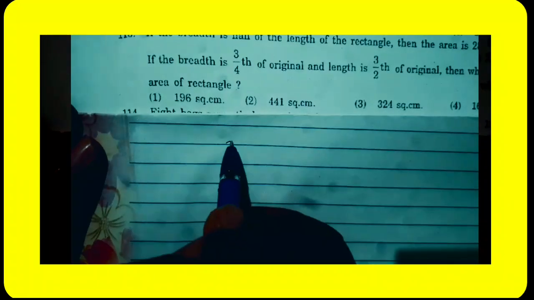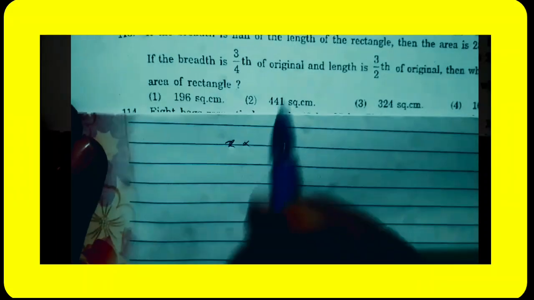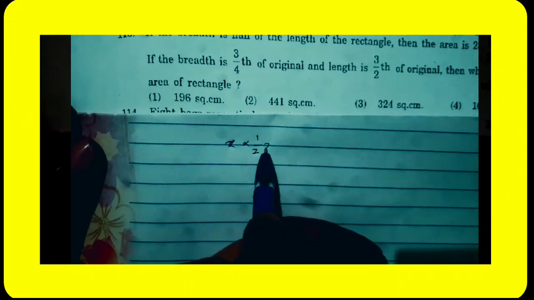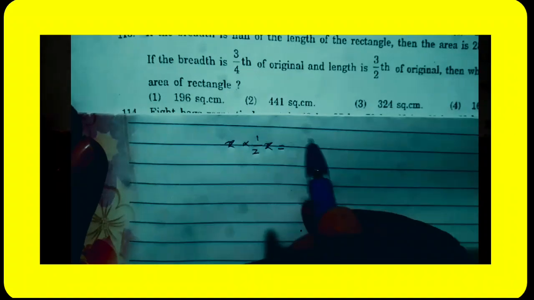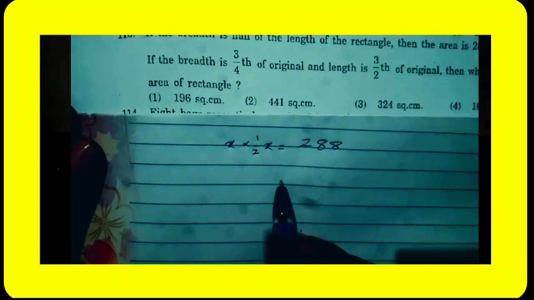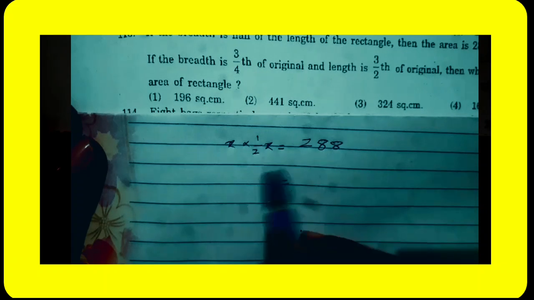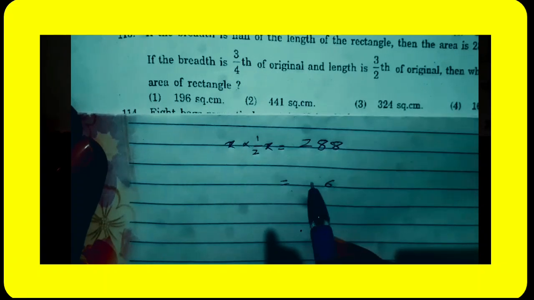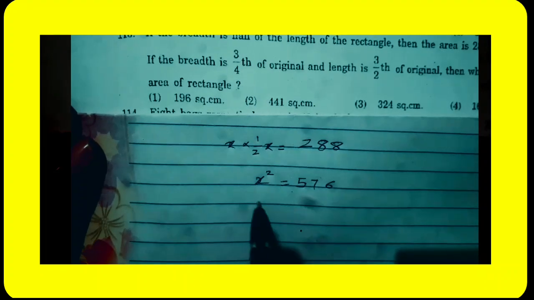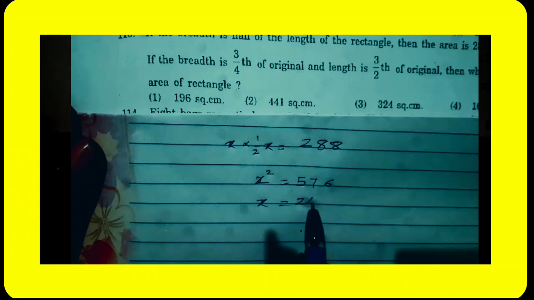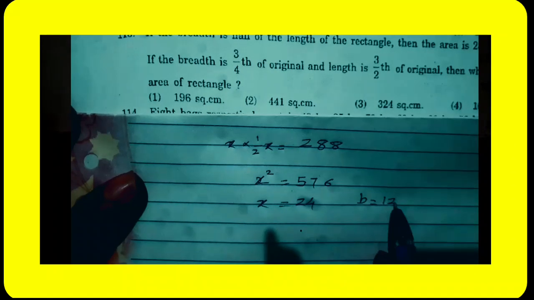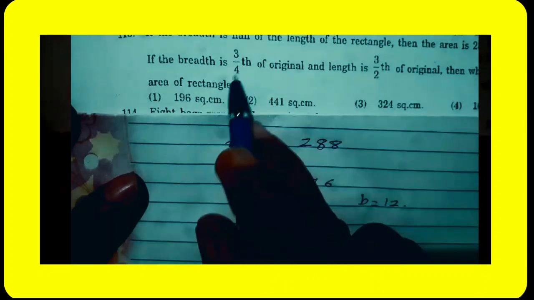Suppose length is x and breadth is half of length, that is 1 by 2x, and its area is 222 multiplied by 2 is 675 x square, that is square of 24, and breadth is half, that is 24. Half is 12.